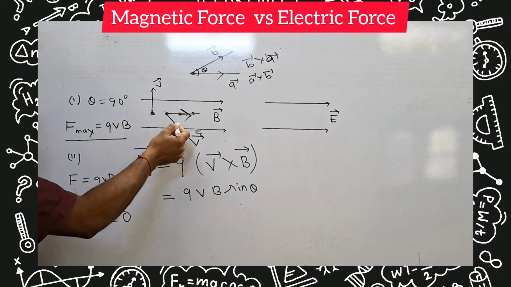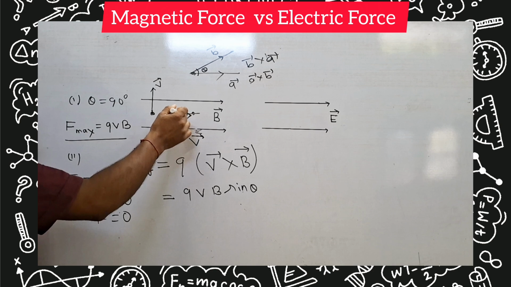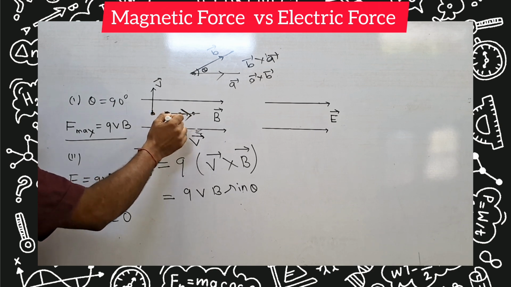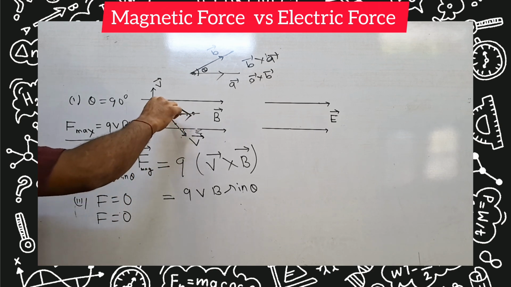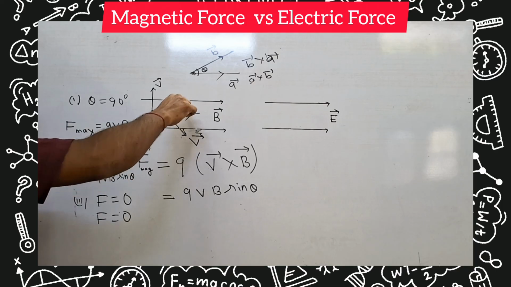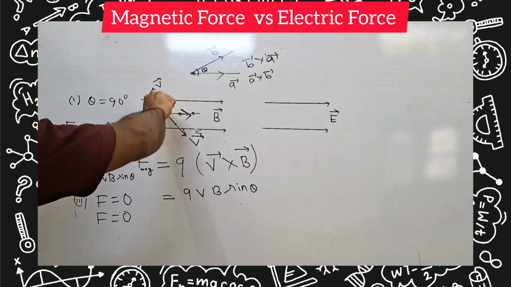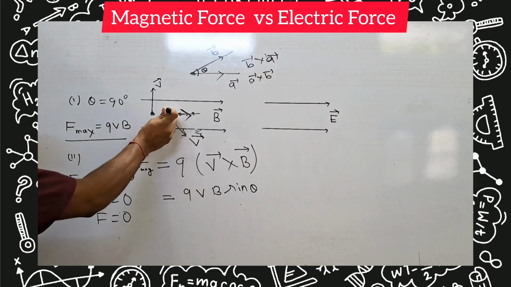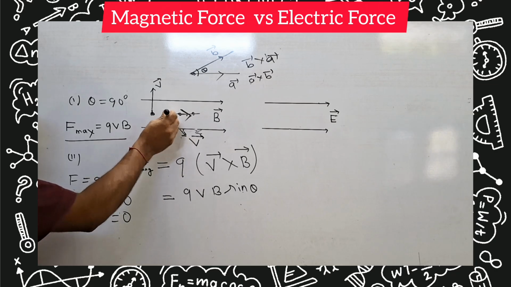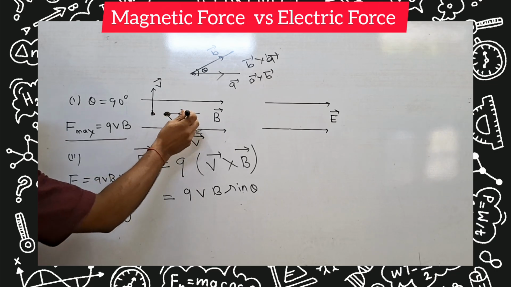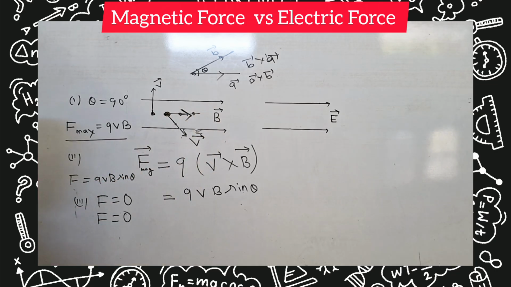So if I say V cross B, for this charged particle the force will be perpendicular to this. V cross B means you have to rotate it to the left side this way, and then it will be outward. The direction will be outward, but in either case it will be perpendicular to both V and B.